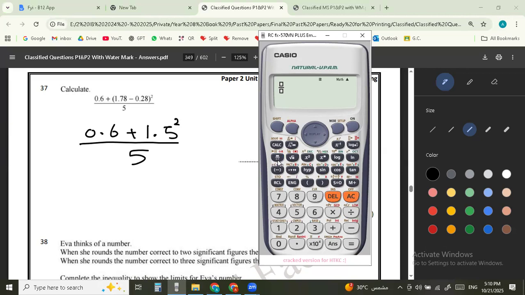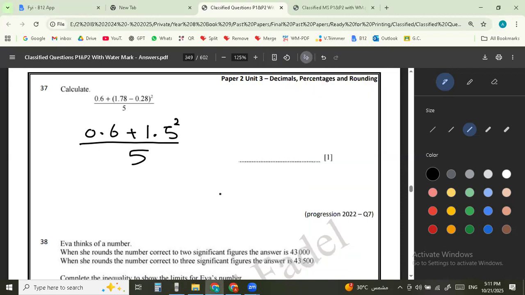I put the fraction this way, and I write 0.6 plus, and then you open the brackets, 1.78 minus 0.28, then you close the brackets, and you say here squared over 5 equals 57 over 100, which is 0.57. This is the answer.